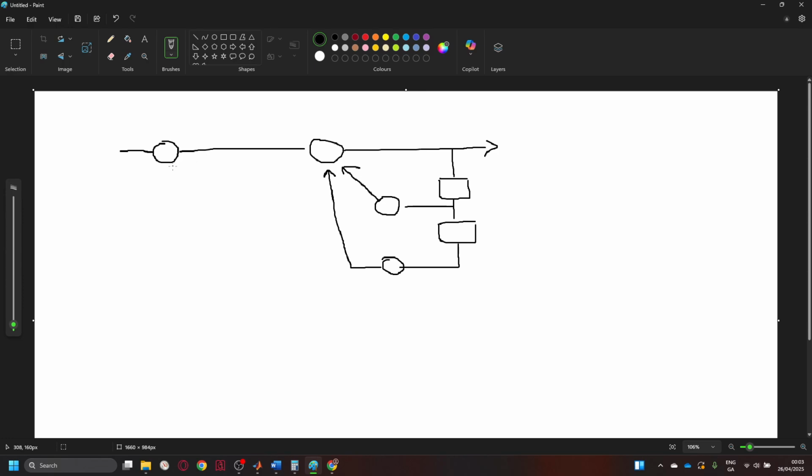Then the same goes for here. This is going to be the first one, then it goes to a delay. These are delays.